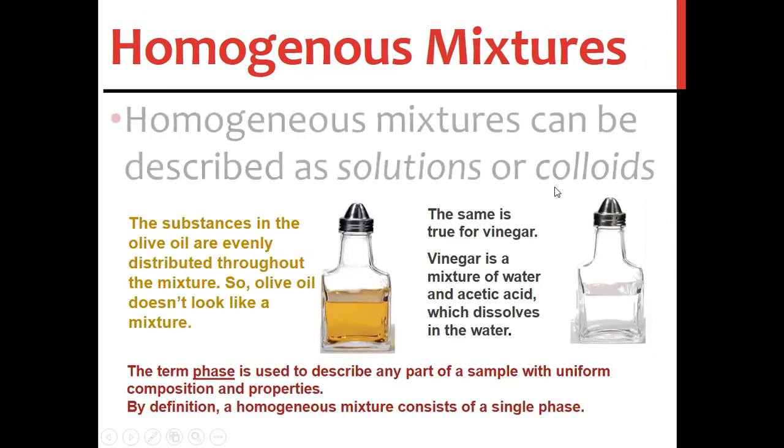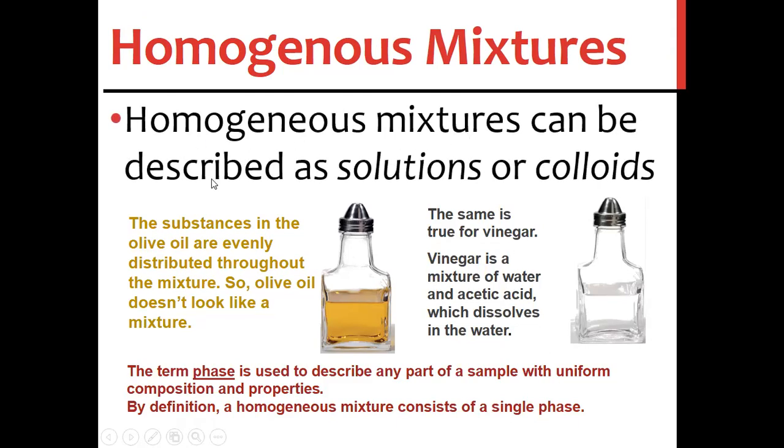A homogeneous mixture can be described as a solution or colloid. The substances in olive oil are evenly distributed throughout the mixture, so olive oil doesn't look like a mixture. It shows one appearance. The same is true for vinegar. Vinegar is a mixture of water and acetic acid, which dissolves in water.